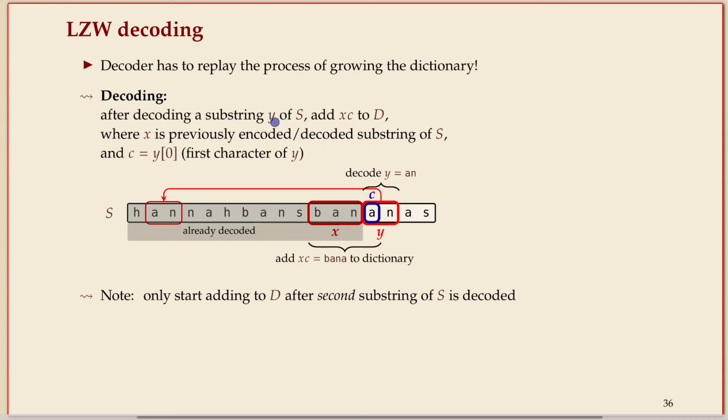And hopefully that maps to something in your dictionary, so you can decode that code word to something in the clear text, in the source text. And after we've done that, we have to add a new string to the dictionary, because that's what the encoder did, and we have to keep adding these because they might be used in the future. And just for notation, I'll always use y for the thing that we decoded, and then x with c added as the thing that we add to the dictionary.